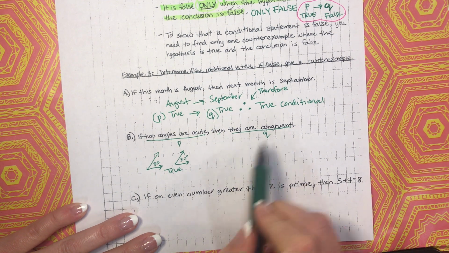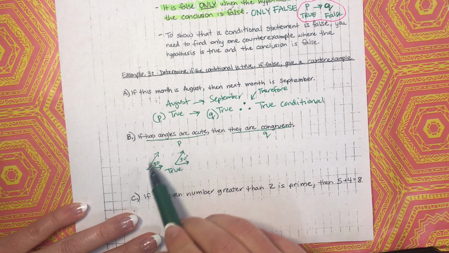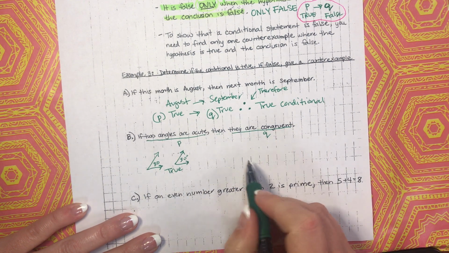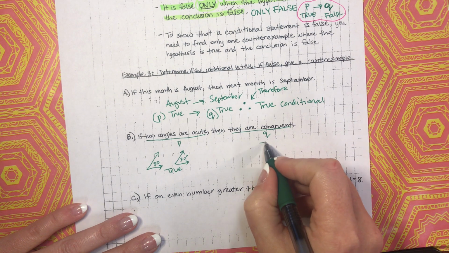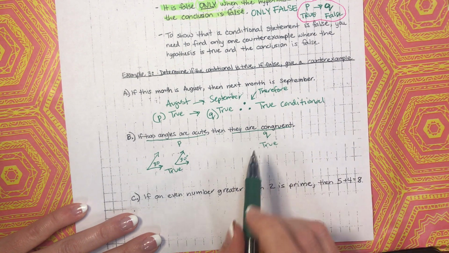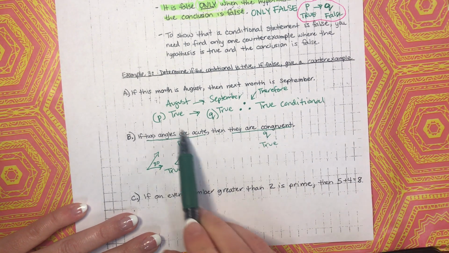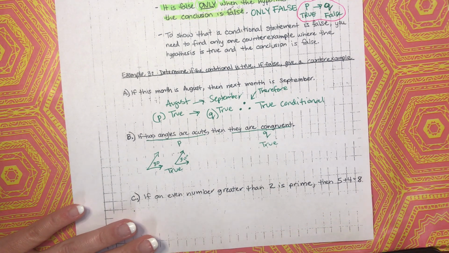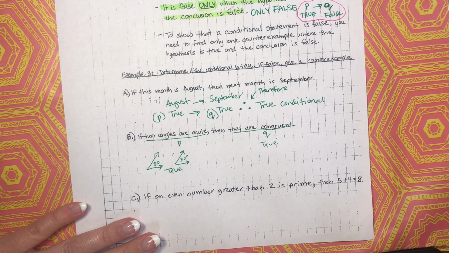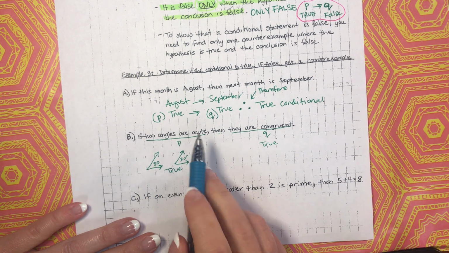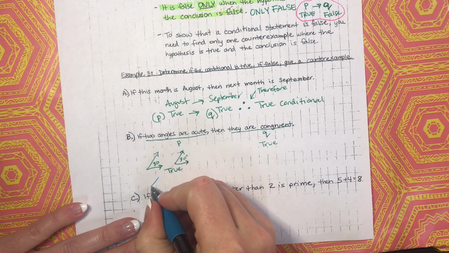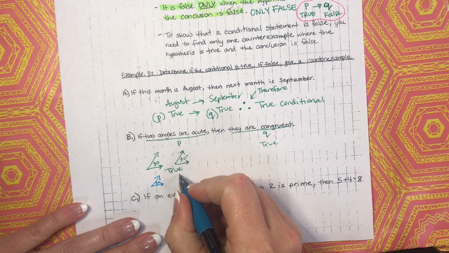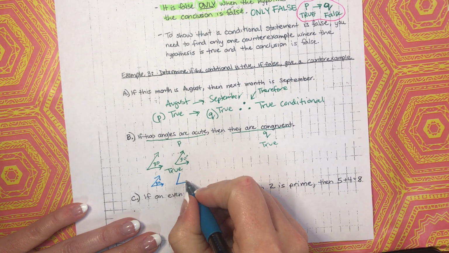Then they are congruent. Well, we have two acute angles and they are congruent, so we would think that this would be true as well. But is there an example where we can have the hypothesis be true, but then this conclusion would be different? And yes, there is. What if we had two angles that are acute, but let's say we had 30, and then let's say we had 60.